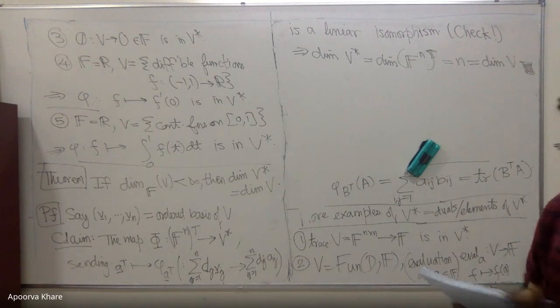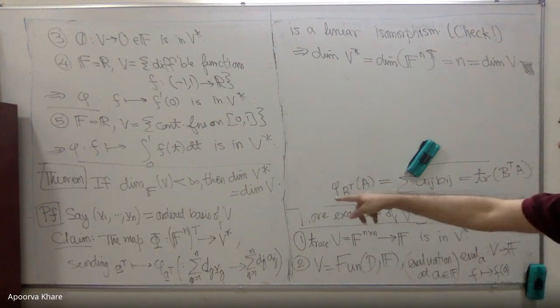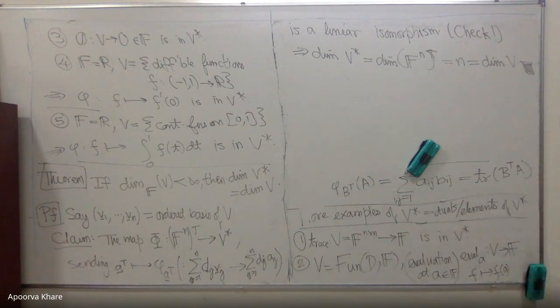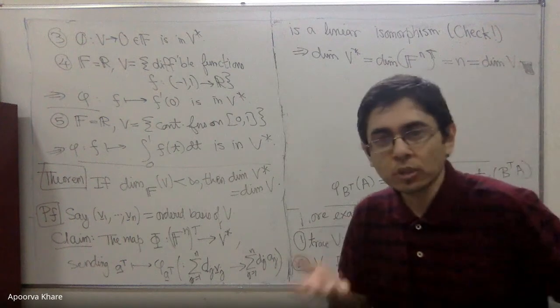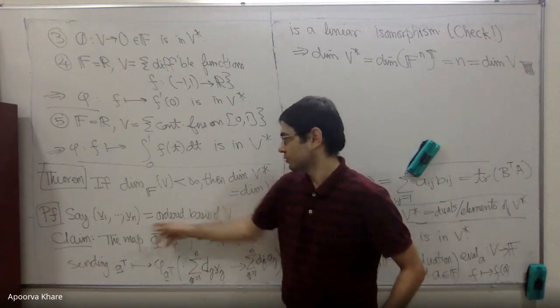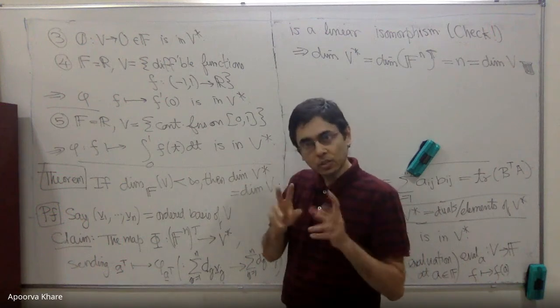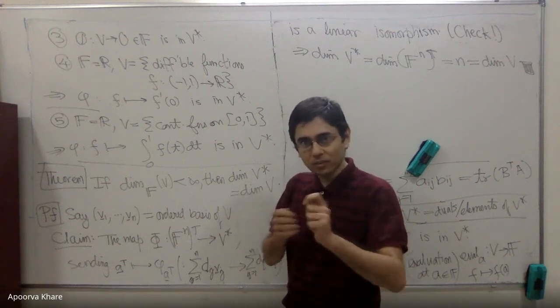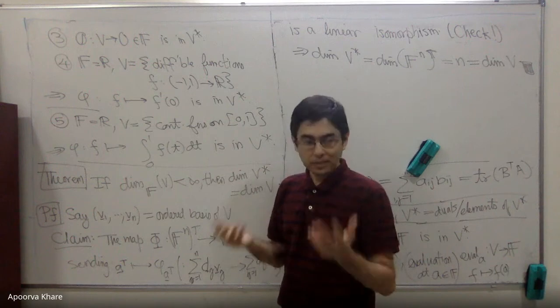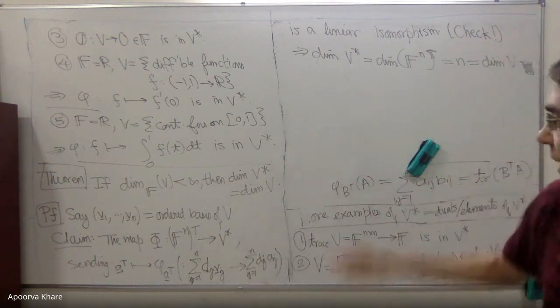Great. So now, once we have the fact that the dimensions are the same, you can of course ask, suppose I'm given the ordered basis of V. I know that the dimension of the dual space is the same. Is there a nice ordered basis of V star that sort of fits very well? Maybe I'll write down the question.